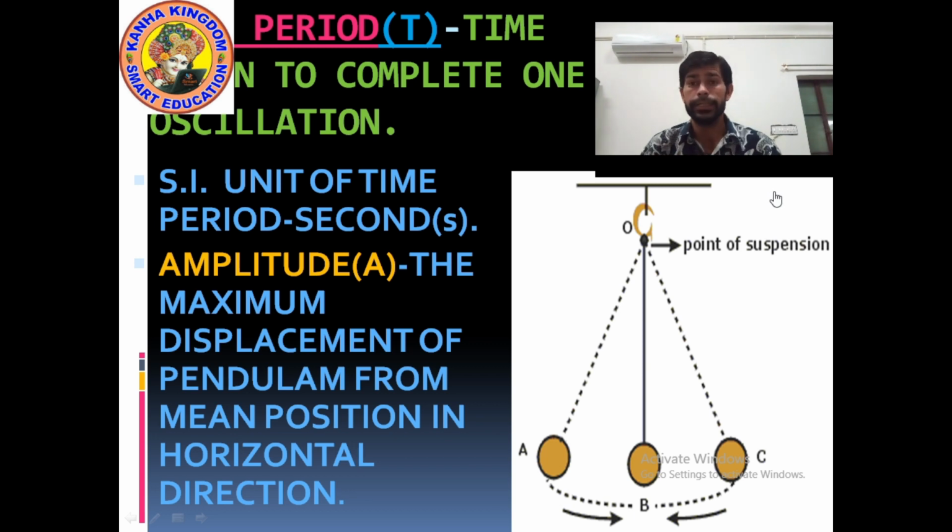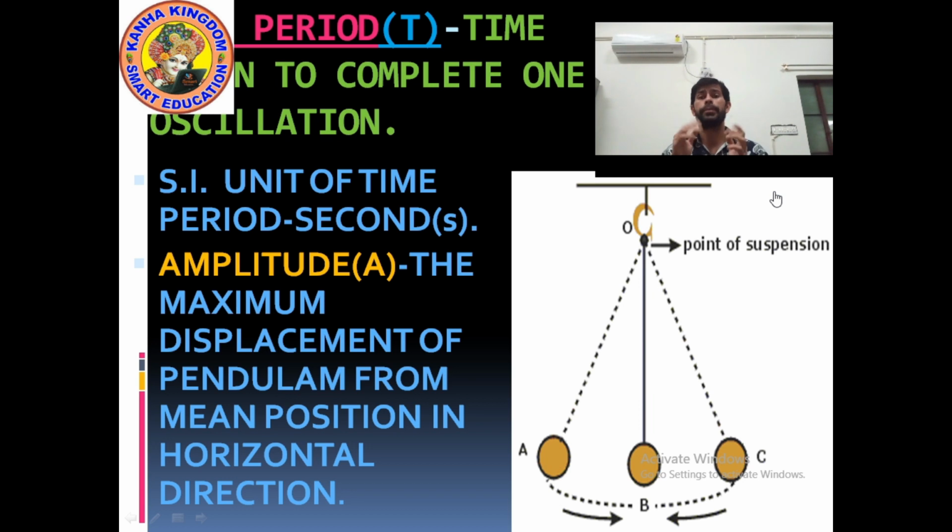So as we already know, the back and forth motion of an object is known as oscillation. When it goes from back to forth, it will take some time. This period of time is called time period.